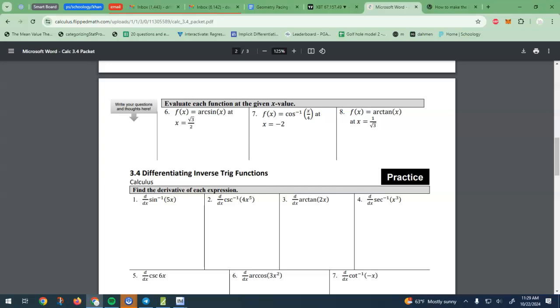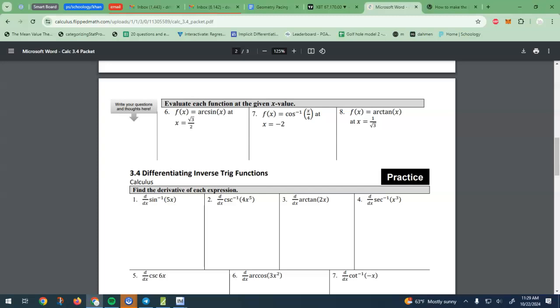So your derivative would be 1 over the square root of 1 minus blah squared, but in this case, the blah is just x. 1 minus x squared. I have to now plug in x.